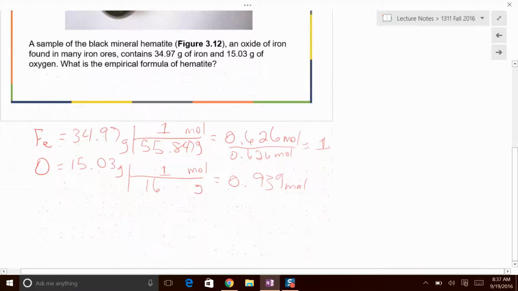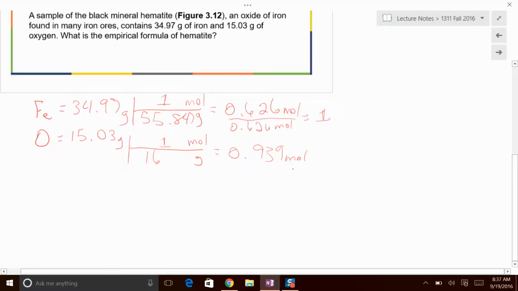So I have 1 mole of iron. How many moles of oxygen? 0.939 divided by 0.626. What does that equal to? 1.50059. Okay, so about 1.5.